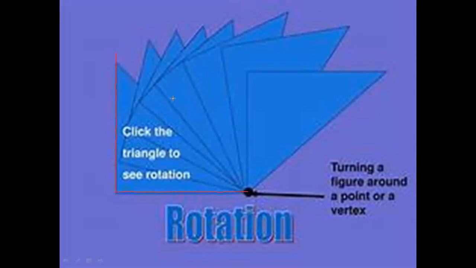If this is your triangle in here and it undergoes 90 degrees, your image now is in this area. So this is now the image. Therefore it undergoes rotation by 90 degrees clockwise.